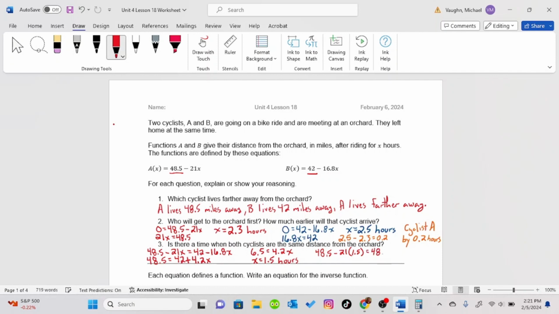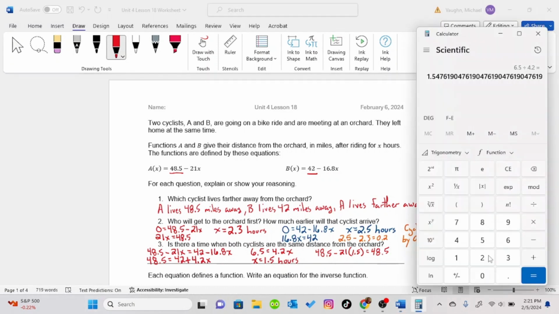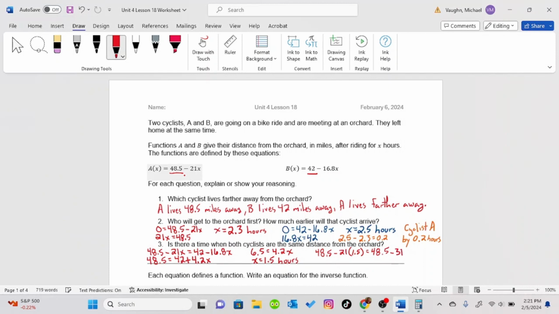First, we multiply. Negative 21 times 1.5 equals negative 31.5. And 48.5 minus 31.5 equals 17.